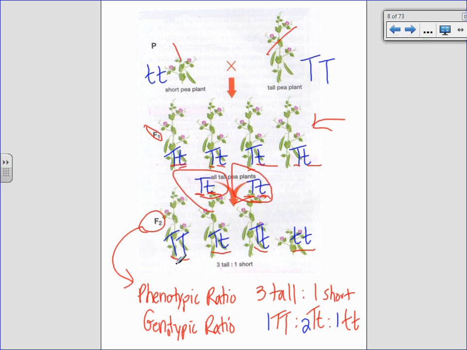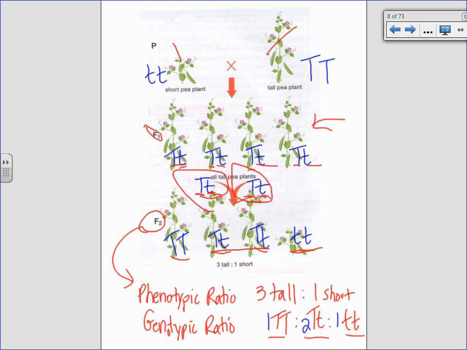So there's one big T, two big T little t, to one little t. Usually you write it as the homozygous dominant, so that's the two big ones, then the heterozygous, which should be one of each, and then the homozygous recessive, which is little t.